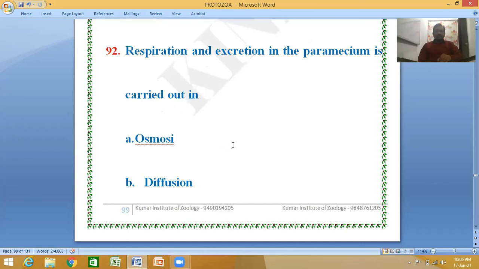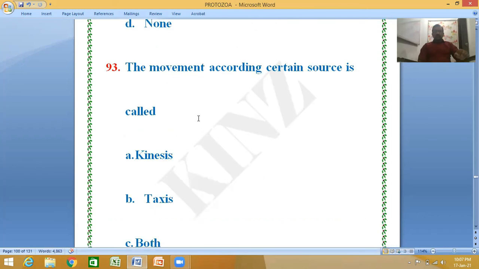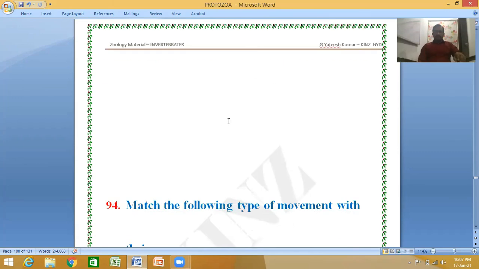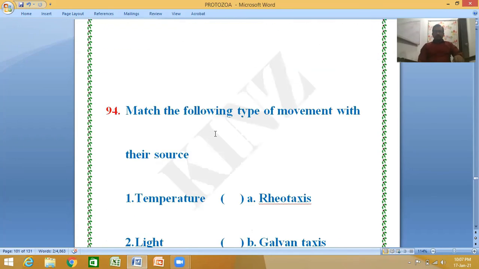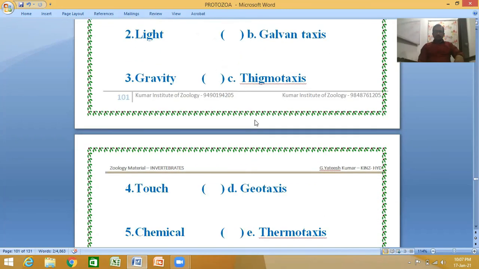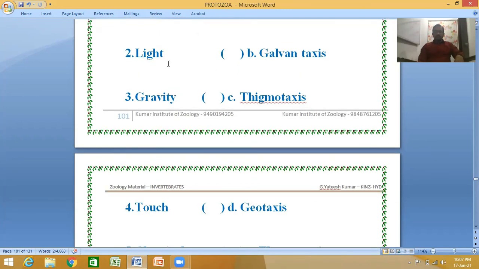Respiration and excretion in Paramecium are carried out by diffusion. The movement according to a certain source is called option B, taxis. Match the following types of movement with their source. Answer is E, F, D, C, G, A, B.